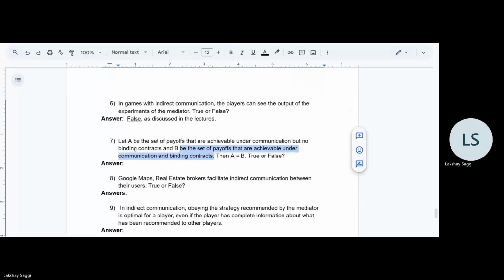That's why the set of pairs achievable under binding contracts is a superset of pairs achieved under non-binding contracts. So this statement is incorrect: A is not equal to B, but actually B is a superset of A. So this statement is false, as discussed in the lectures and also previously.